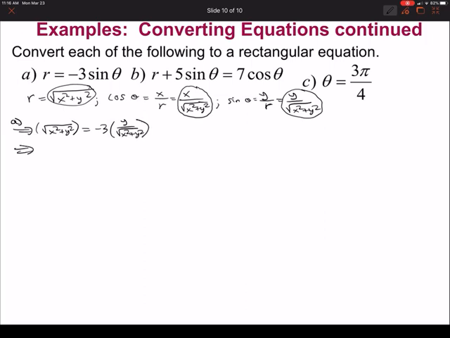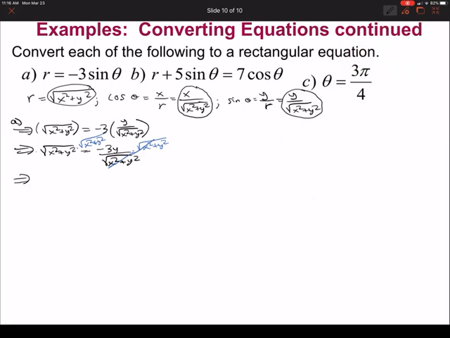And as we look at that, that's the square root of x squared plus y squared equal to negative 3y divided by the square root of x squared plus y squared. Now, we should simplify that. I want to make that look a little bit better. Let's go ahead and get rid of this fraction. Let's get rid of the square root in the denominator, and we'll go ahead and multiply both sides by the square root of x squared plus y squared, so we can cancel that out and simplify this down.